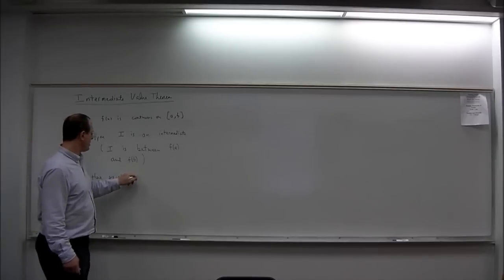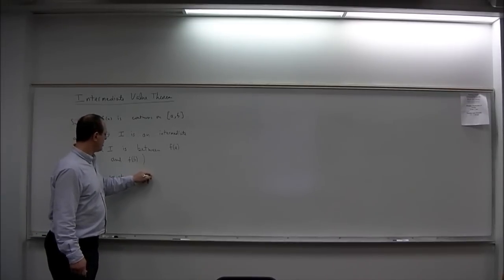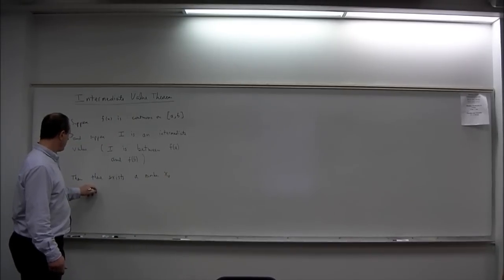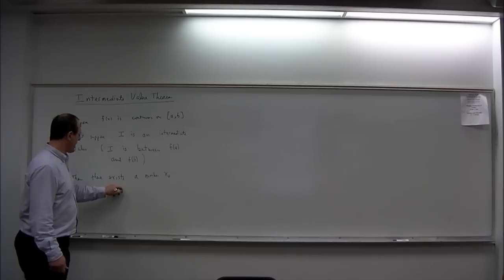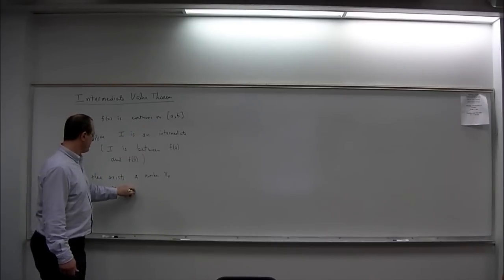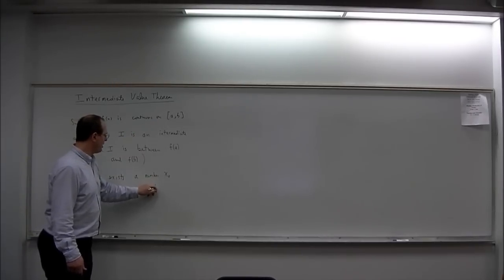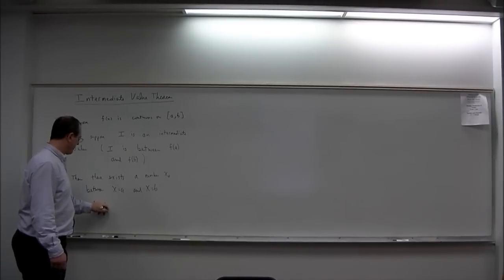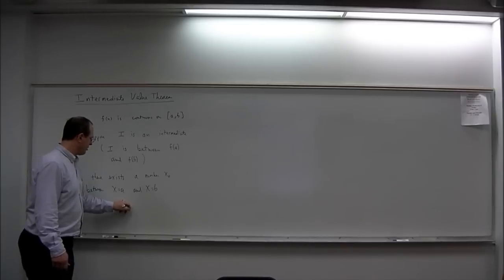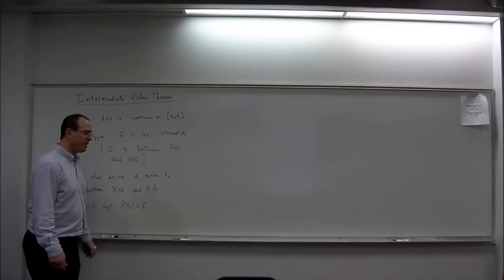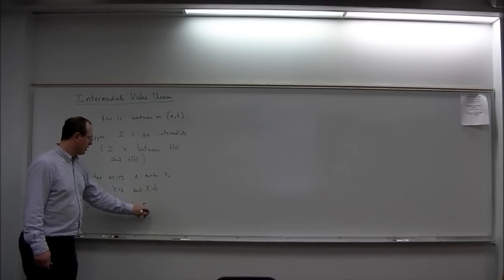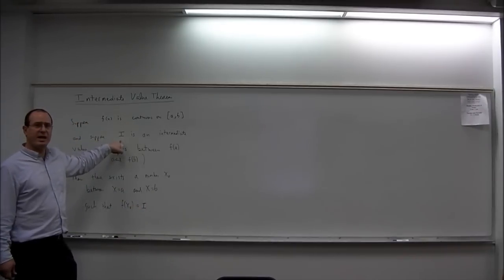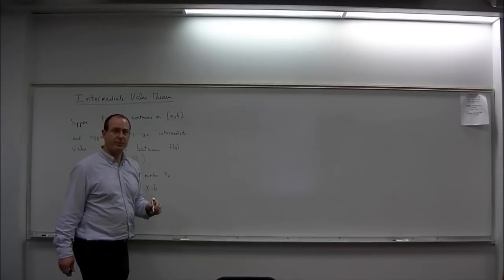So then there exists a number x0, I'll call it, between x equals a, the left end of the interval, and x equals b, the right end of the interval, such that f of x0 is equal to the intermediate value. So a continuous function takes on all of its intermediate values over an interval.